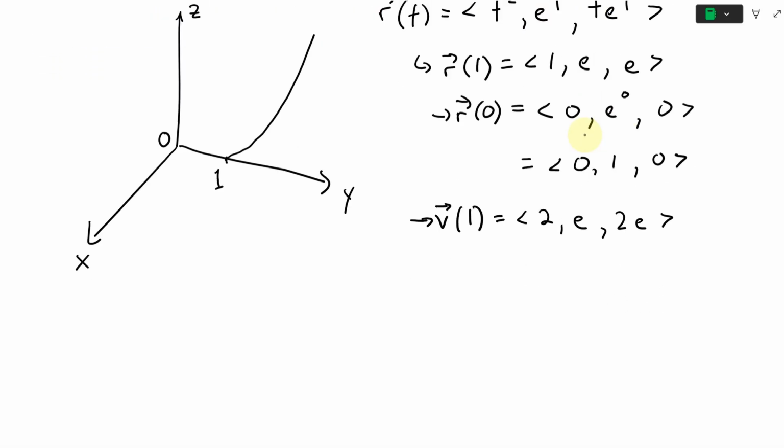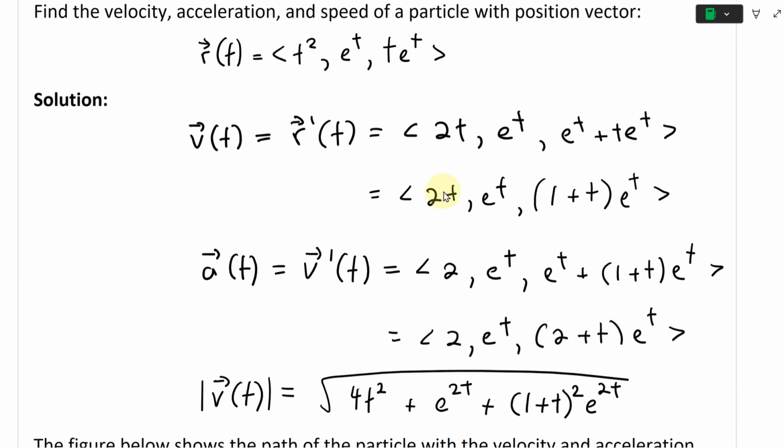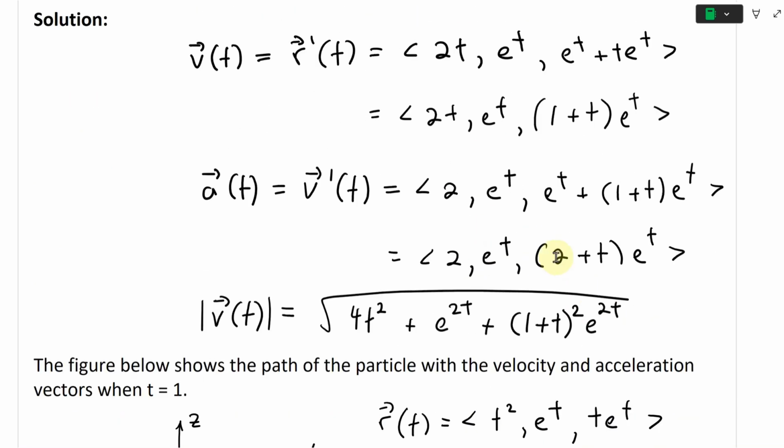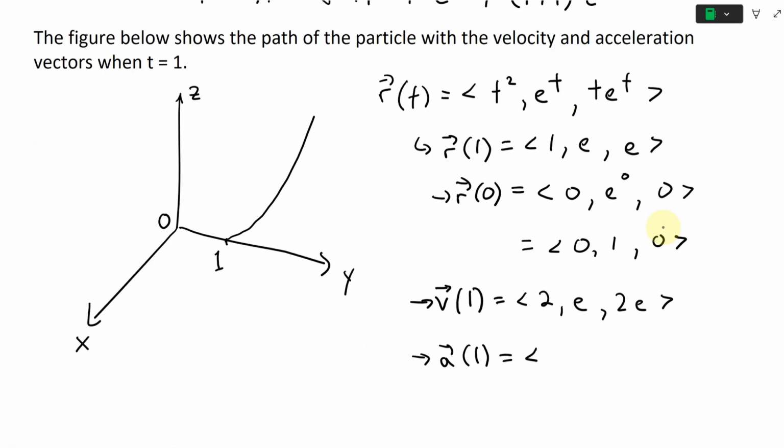And then the acceleration at 1 is pretty much the same thing as the velocity, because this was 2t. This goes to 2, then this is e to the 1, which is e, and now over here we have 2 plus t, in other words 2 plus 1, so it's going to be 3, then e to the 1. So we're going to have 2, e, 3e. It's exactly the same thing as the velocity, except the z component is higher.